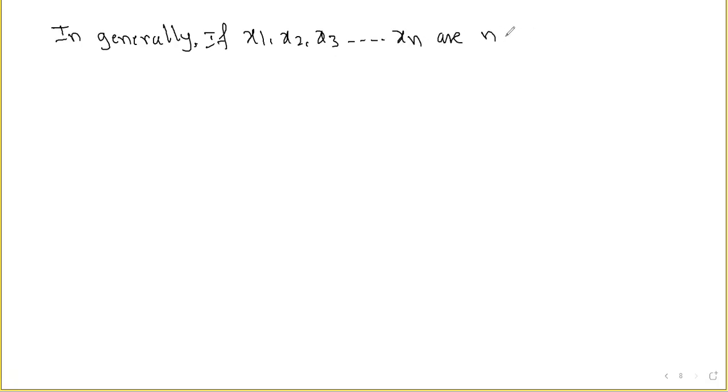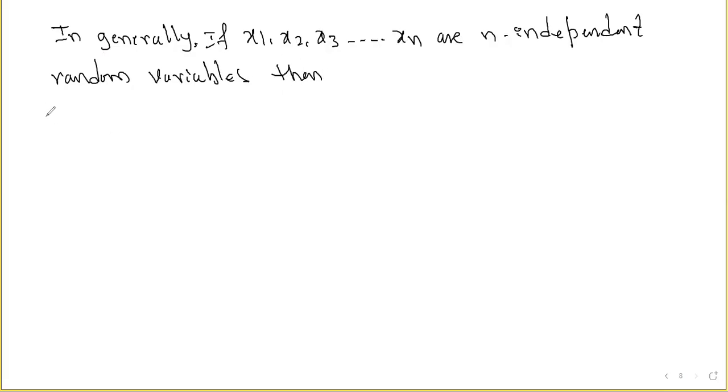So in general, if x1, x2, x3, and so on up to xn are n independent random variables, then expectation of x1 into x2 into x3 and so on up to xn is equal to the product of their individual expectations.